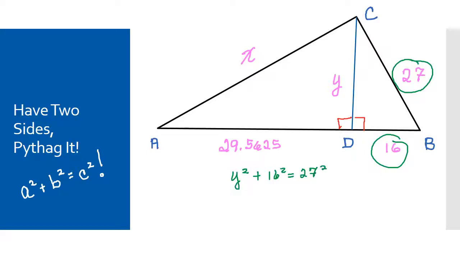Be careful to make sure that you've got sides a squared plus b squared, and that the hypotenuse is at the end. Remember, the hypotenuse is always across from the right angle. So now we have y squared equals the 729 minus the 256.